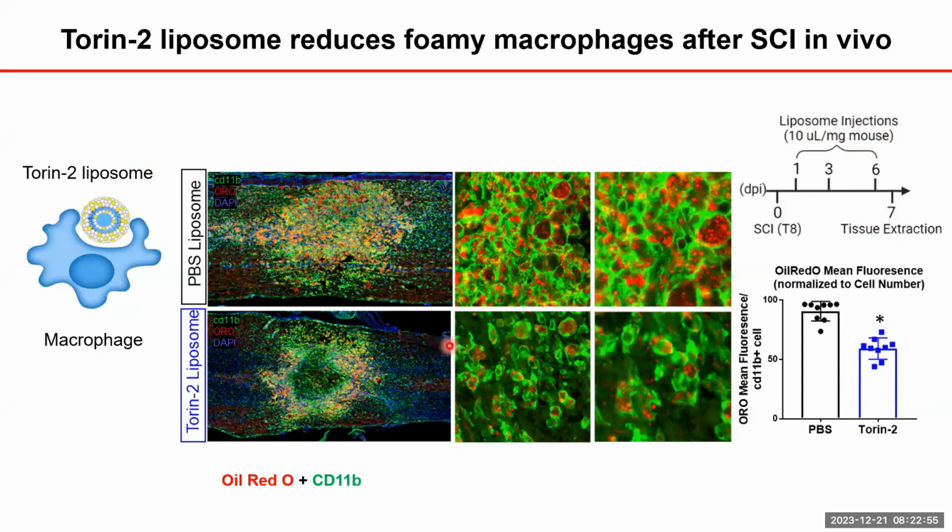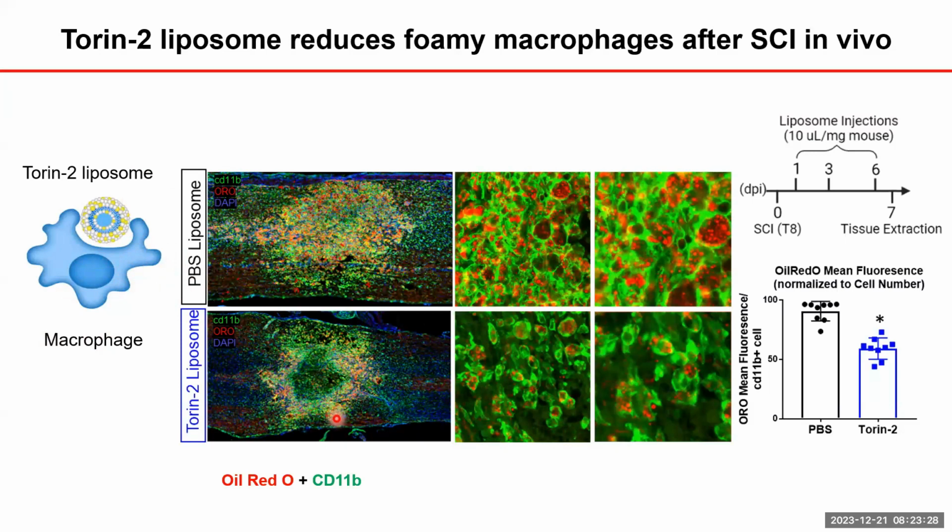One of the technical challenges, so obviously then, does this promote behavioral recovery? One of the technical challenges that we faced here is that these liposomes have a limited window in which they can get into the cell, because after a couple of weeks, the blood-spinal cord barrier reforms, and we can't get these TORIN-2 treated monocytes into the spinal cord injury site.